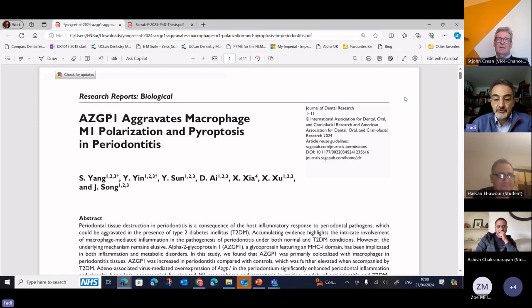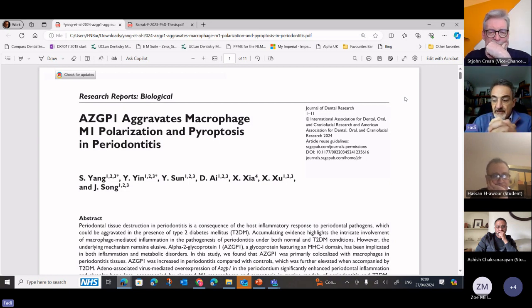And they also bring in type 2 diabetes mellitus, because this increases the incidence and exacerbates periodontal disease, potentially through its hyperglycemia and dyslipidemia. So that's the premise they work on. But they also bring in the macrophages.